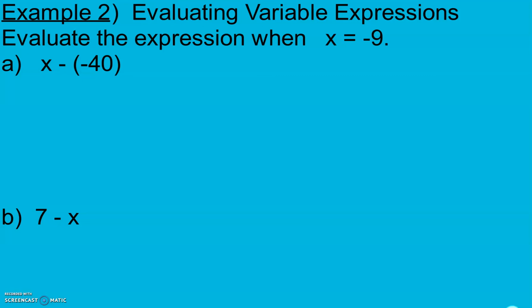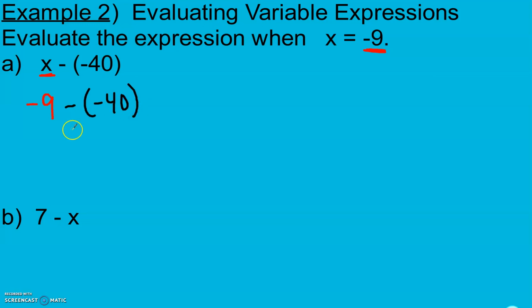In example 2 here, we're going to evaluate variable expressions. Remember, variable expressions are any expressions that have a variable in them. And here, these have x's. So everywhere we see an x, we are going to substitute in a negative 9. So x is negative 9. I plug that in, and I bring everything else down. Minus negative 40.